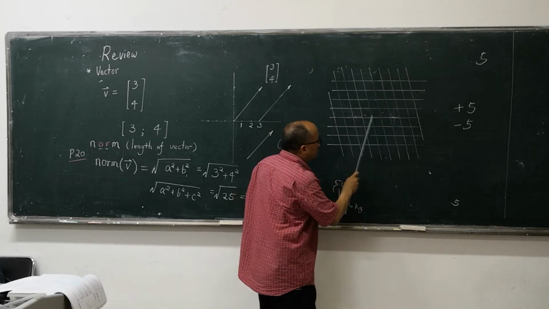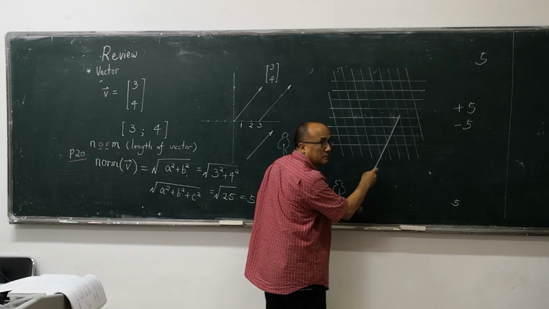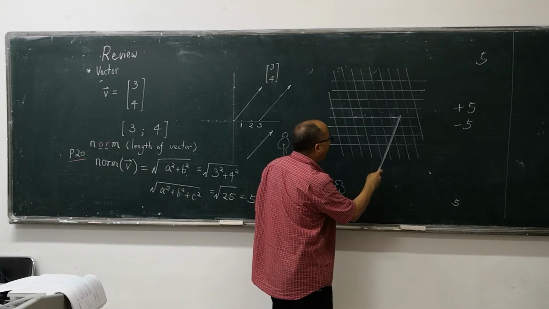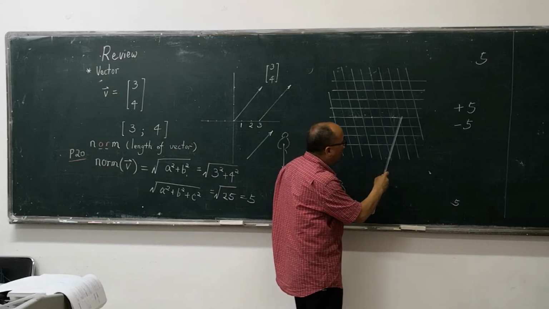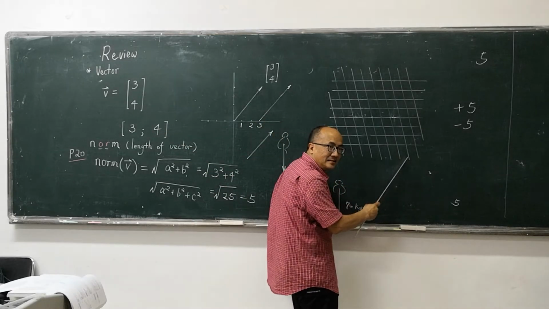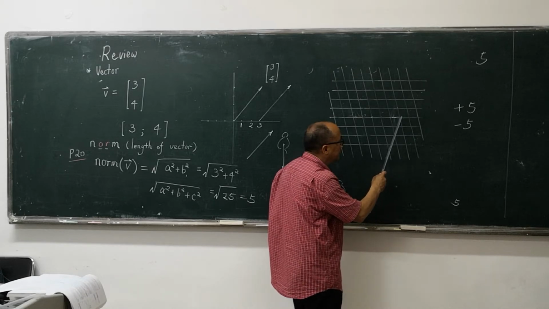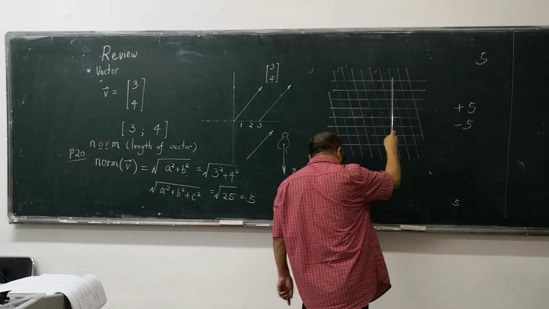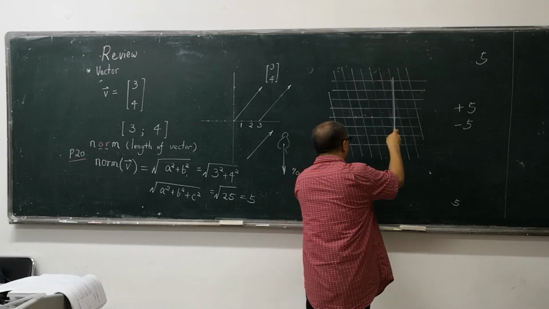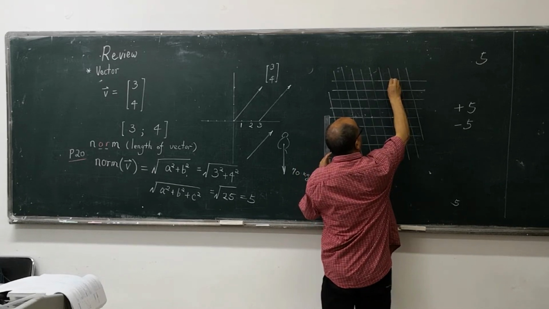So it's 1, 2, 3. Then 4. 4 is going down? No, no. Upside. It's not going down because it's positive. So 1, 2, 3, 4. Ends over here.